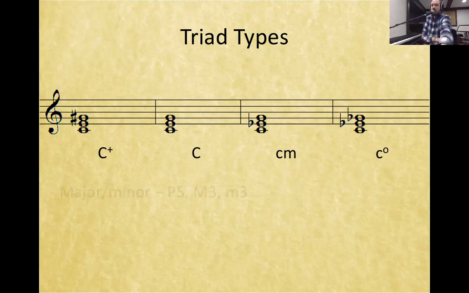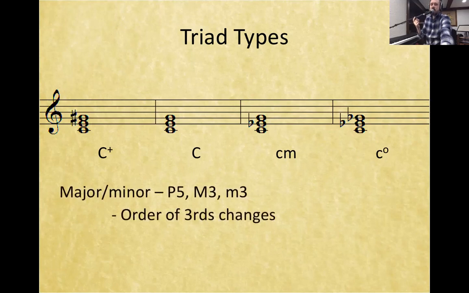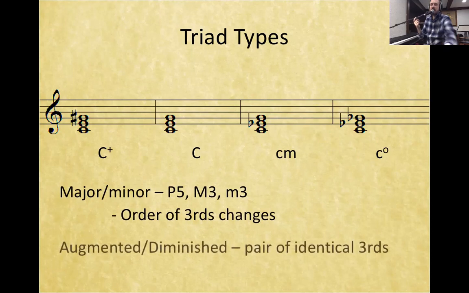The other thing that I really want to say here is that you really want to get to a place where you can think of the triad as a unit, right? So when we're looking here, we're seeing that there are these individual intervallic relationships. Major and minor triads consist of a perfect fifth on the outside, and then on the inside, there's a major third and a minor third.